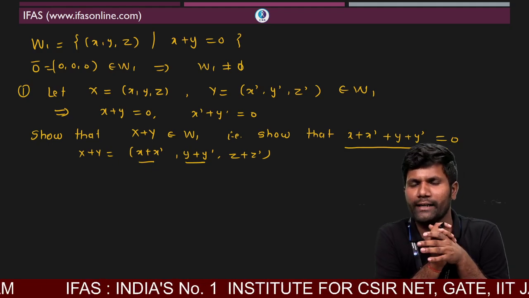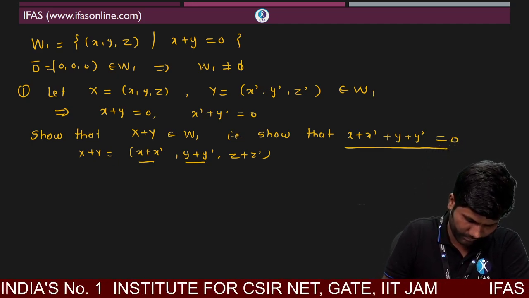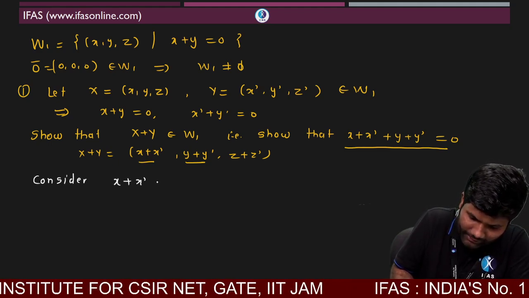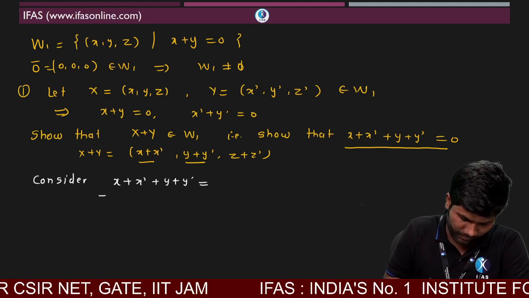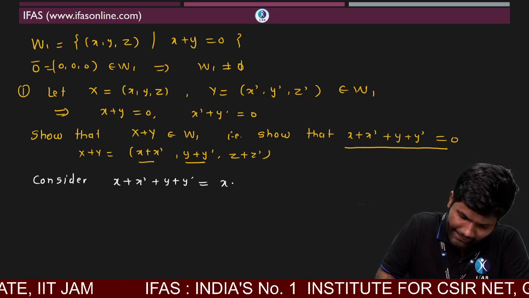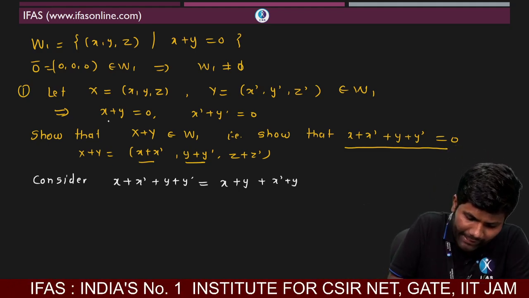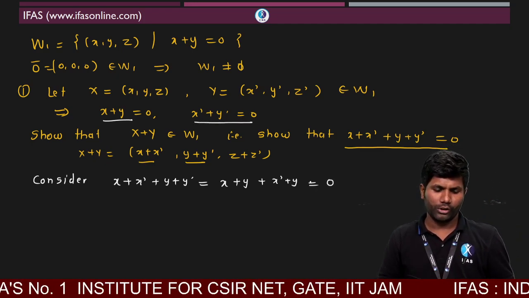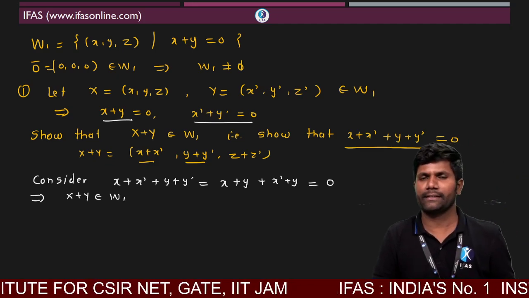Start with the LHS and show that the LHS is equal to the RHS, that is 0. So the LHS is x plus x' plus y plus y', which I can write as (x plus y) plus (x' plus y'). But here x plus y is equal to 0 and x' plus y' is equal to 0, so this is equal to 0. So this implies that x plus y belongs to W1. So the first condition is satisfied.